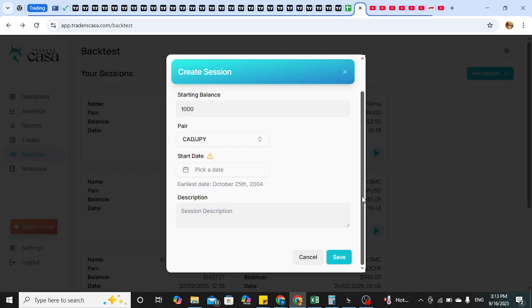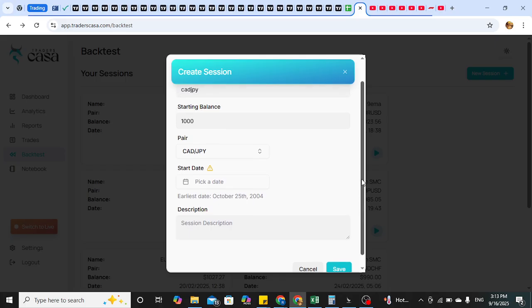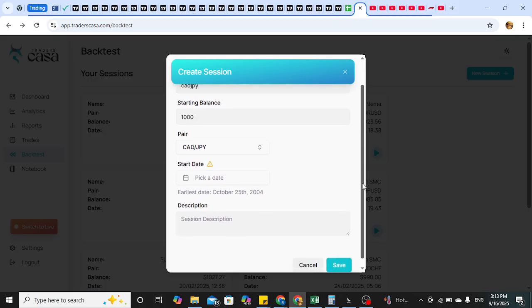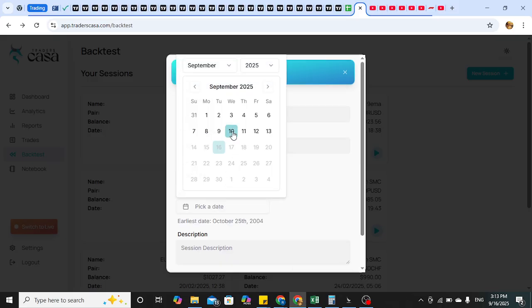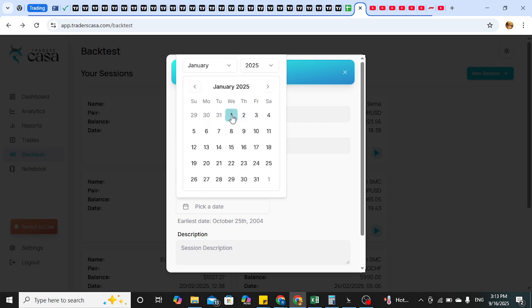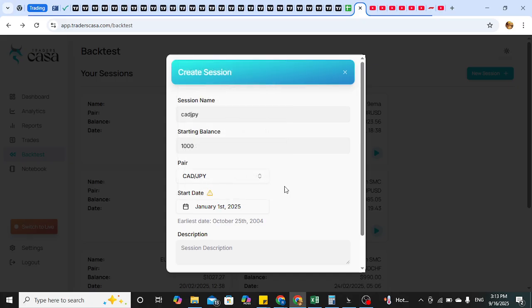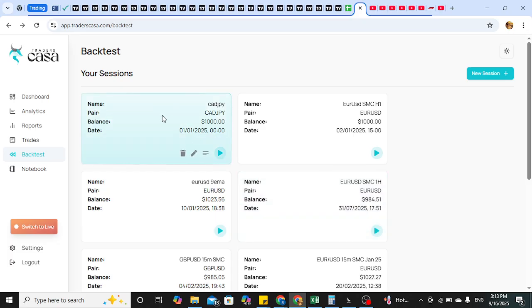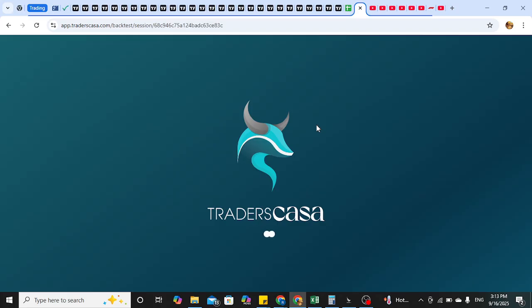And I'm just choosing CAD JPY for no reason at all. This can be applied to any asset. Pick a date. We're going, as usual, from the beginning of the year, January 1st. Okay. Save. Okay, let's start.